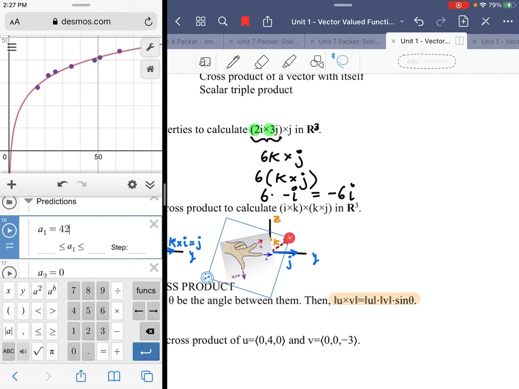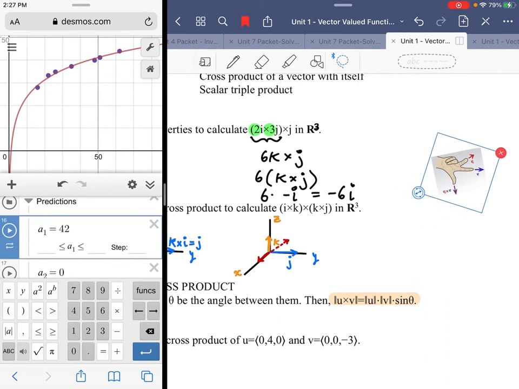And I know the middle finger isn't pointing directly upward; it's kind of askew, but it's a fixed image, so doing the best we can, right? But if we follow that idea, that tells us that j cross k would put us in the positive i direction. So if I want to go k cross j, I want to be going the opposite direction of that, which is going to be negative i.